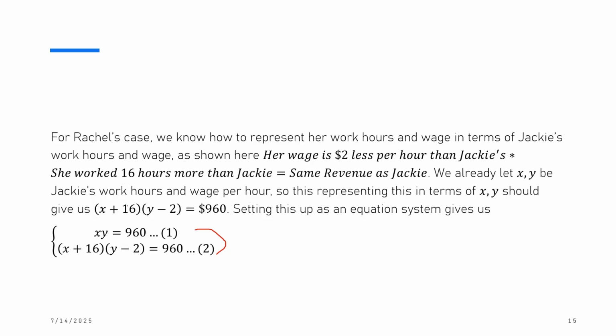Again, we can organize our equations. We have these two equations, and that's looking slightly similar to what we have done before. But look at expression number 2, and it doesn't look like the best, right?